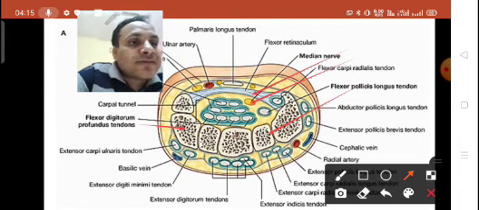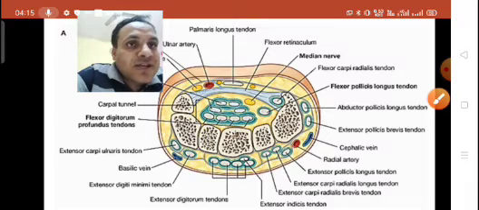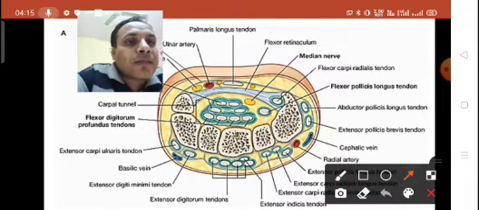The space between the flexor retinaculum and the carpal bones is an osseofibrous space.